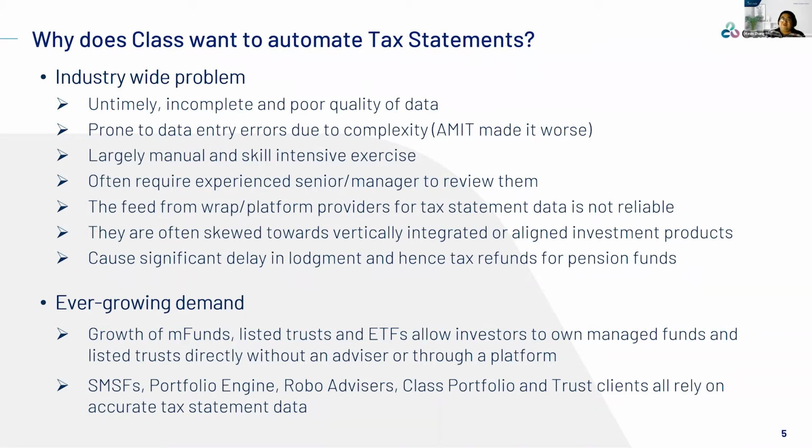So ETF growth has been highlighted in the media. We're seeing 35% growth in the number of ETFs compared to last year, 37% growth in the funds under management compared to last year, with total market capitalization over $131 billion on ASX.